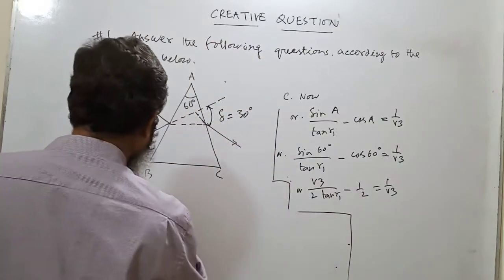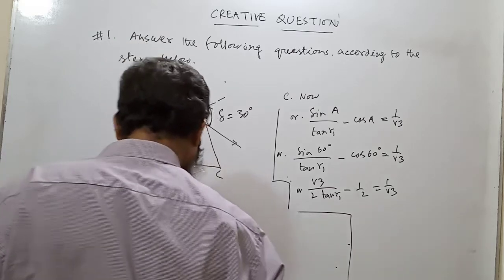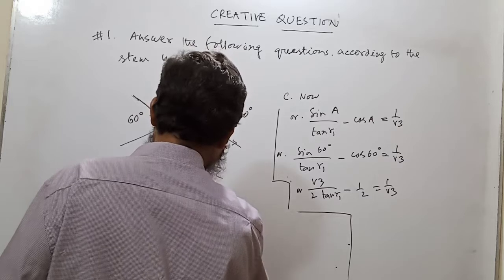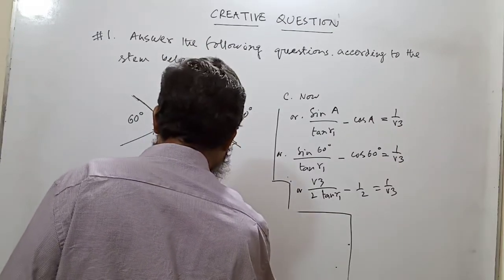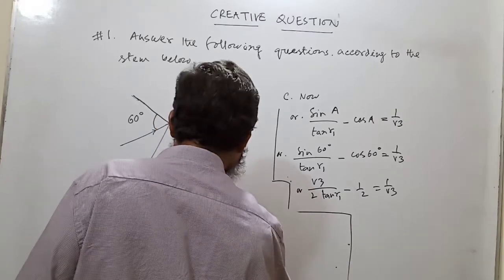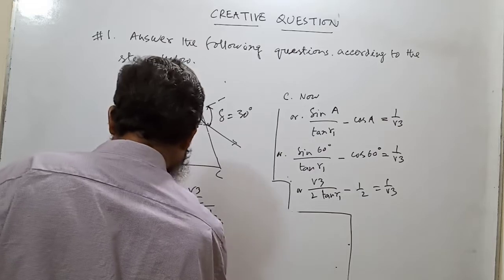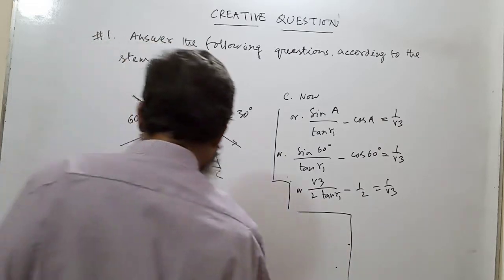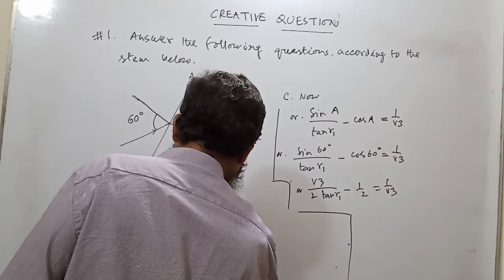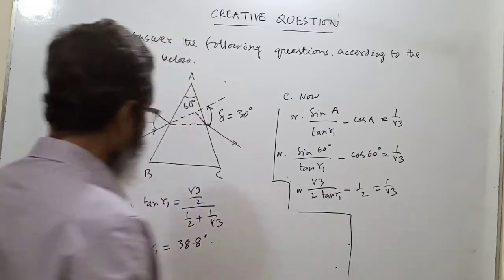Having calculation, we can get tan R1 is equal to root 3 by 2 divided by half plus 1 upon root 3. Therefore, having the calculation, R1 is equal to 38.8 degree. That is, we have got R1.